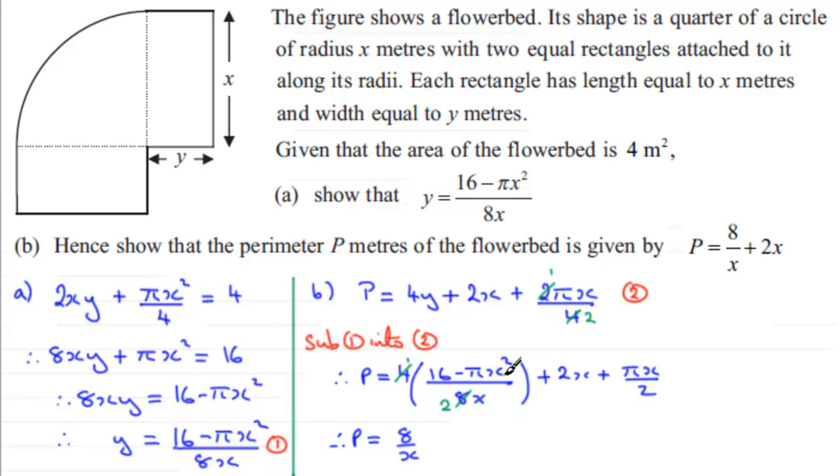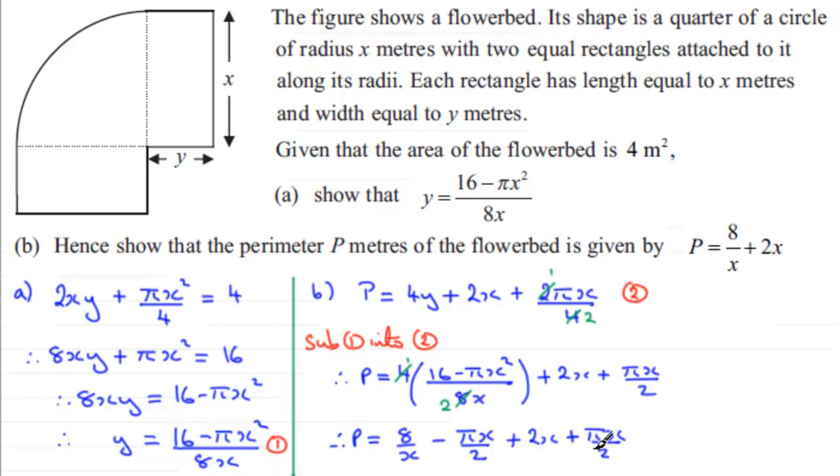And then for this term, you've got pi x squared over 2x. The x's cancel, and you're left with minus pi x over 2. And then you've got this term here, plus 2x, and you've got plus pi x over 2.